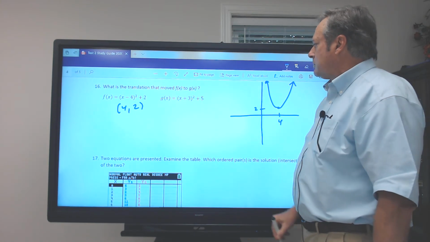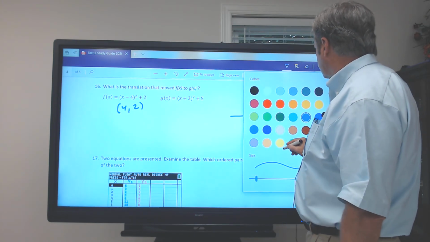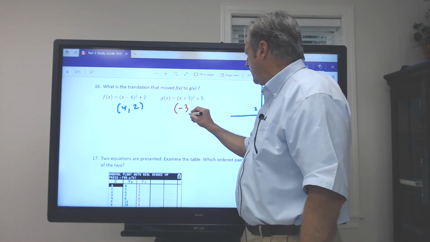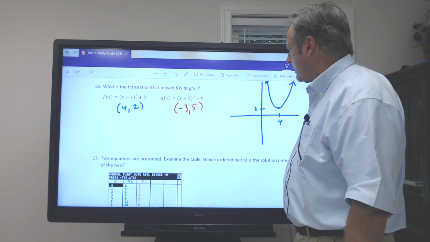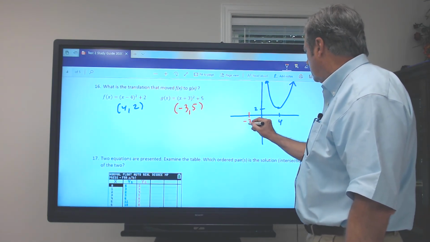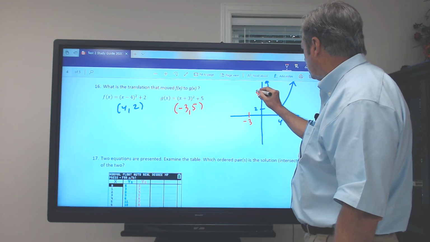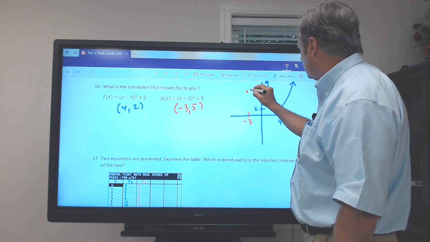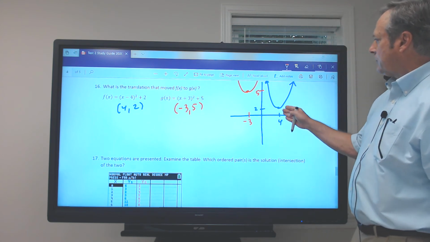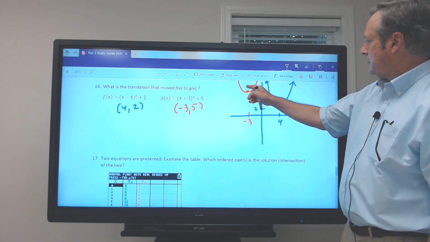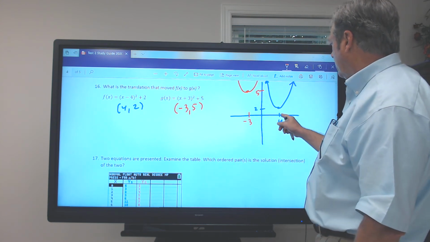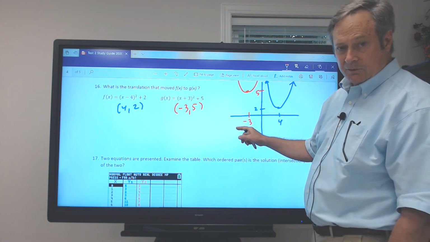Okay, well, let's locate this one. This has a vertex of negative 3, 5. Well, where is that guy? Negative 3, 5. That's going to be right there. And it's going to open up. So, in other words, from here to here, we first went left how many units? From positive 4 to negative 3 is how many steps?